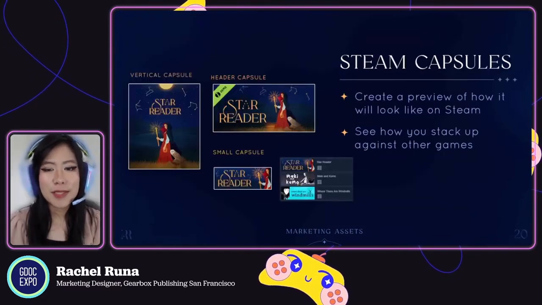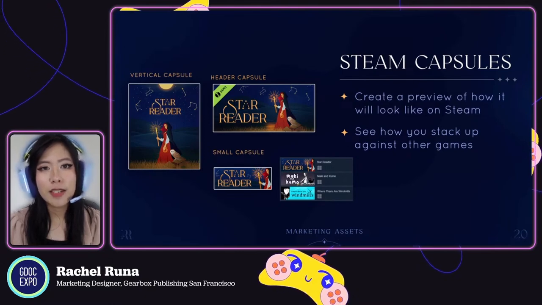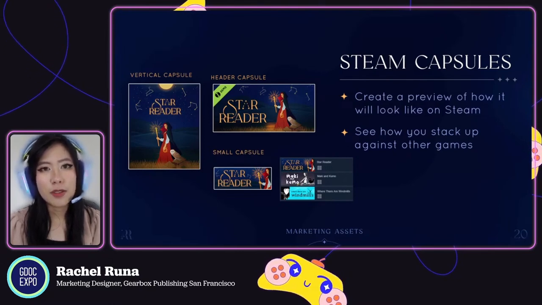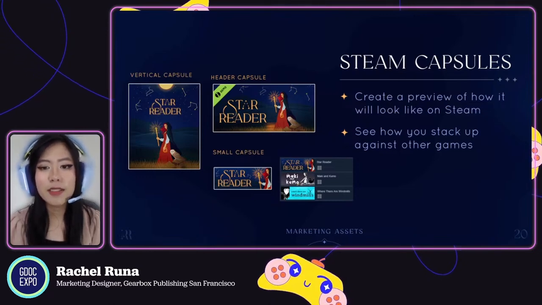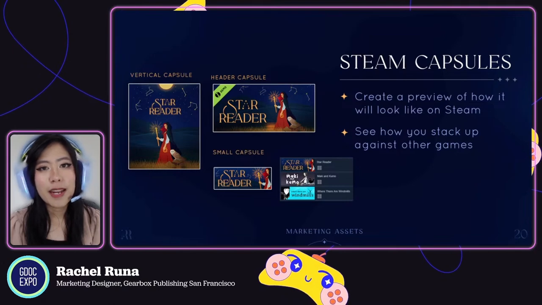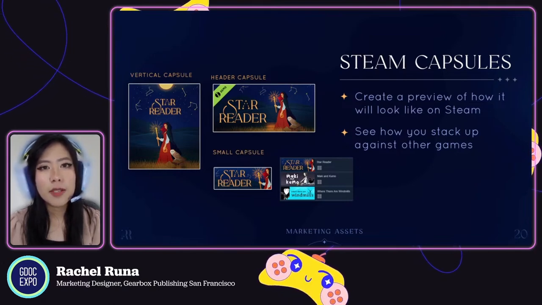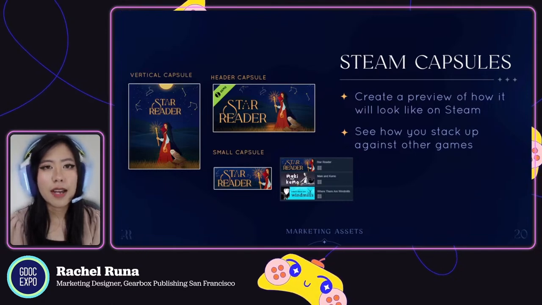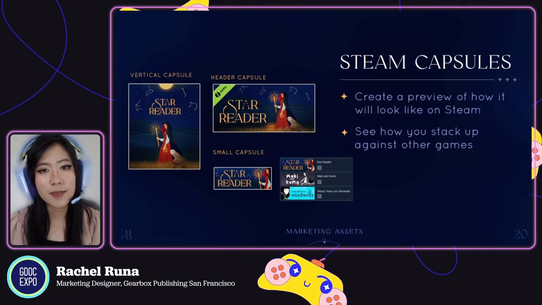These next few tips are for store assets in general, but I think it would be good to look at them through the lens of Steam capsules. So the first tip that I have is to see how your assets will look up against the UI of the store or platform they'll be on, in this case Steam.